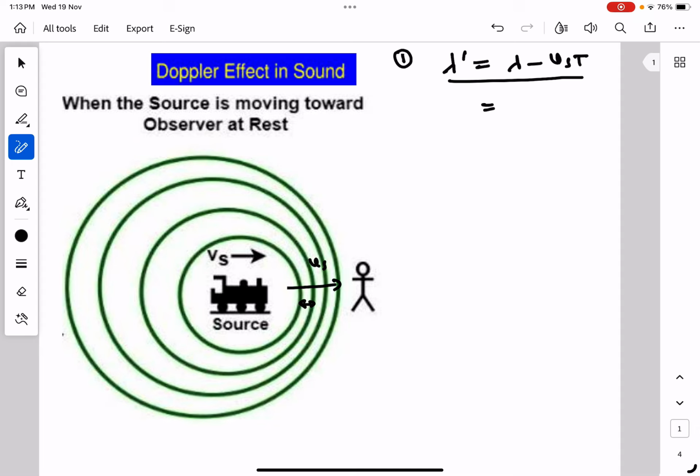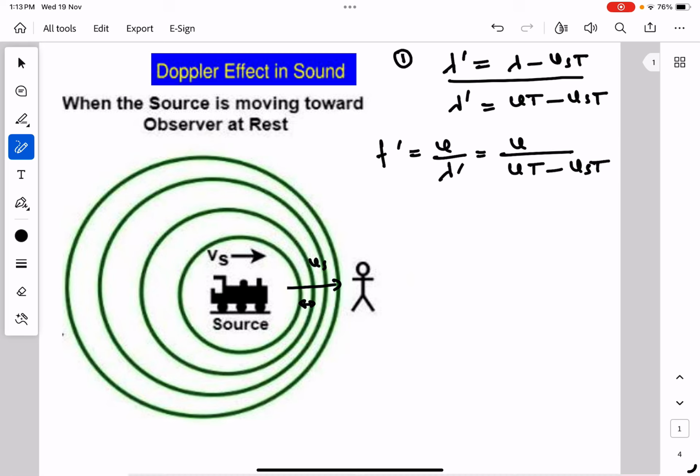So this can be written as Vt minus Vs into t. So therefore apparent frequency f dash would be equal to V upon lambda dash. This would be equal to V upon Vt minus Vs into t.